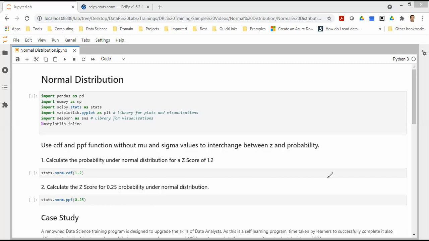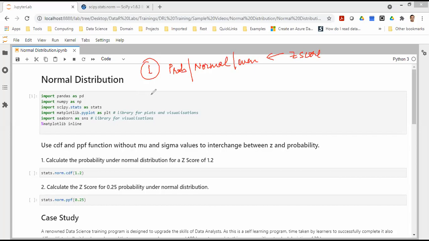In this session, we will learn two things. Point number one, we'll learn how to calculate the probability under a normal distribution for any event from z-score.